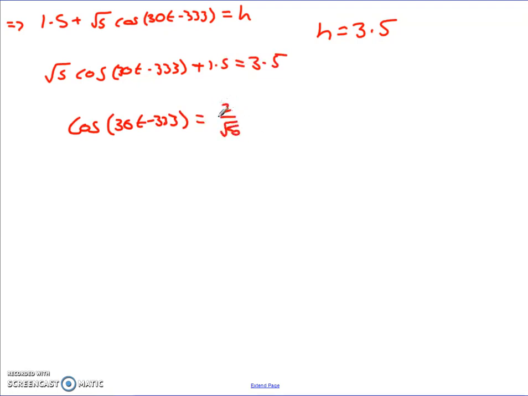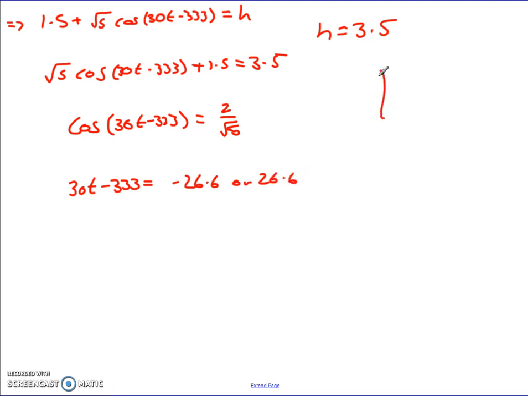What I can then do is take it from there and do cos minus 1 on both sides. So I then know that 30t minus 333 is equal to cos minus 1 of this, which gives me negative 26.6 or 26.6.